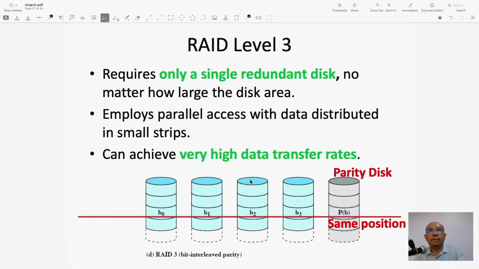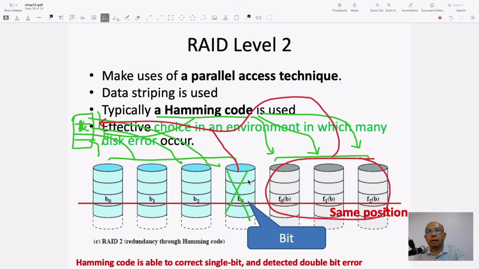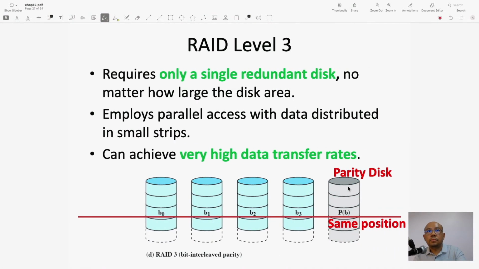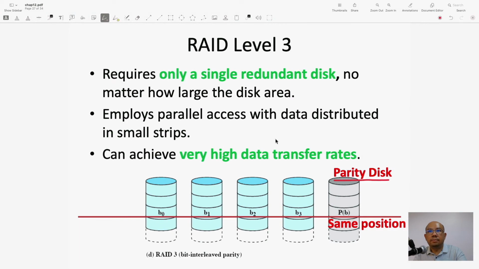Now level 3. Level 3 is implemented without using the Hamming code, because the Hamming code needs 3 hard drives for making the bits to preserve the data. Level 3 uses a parity bit check and changes from strips to something very small, at the bit level.